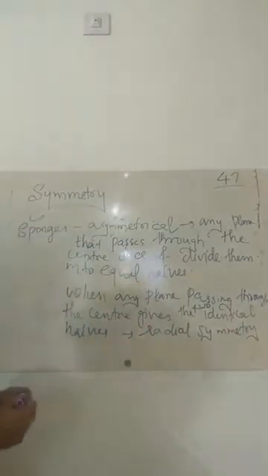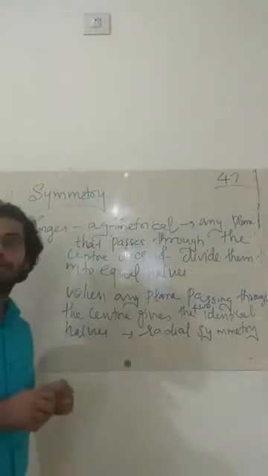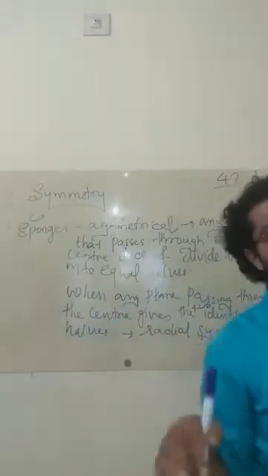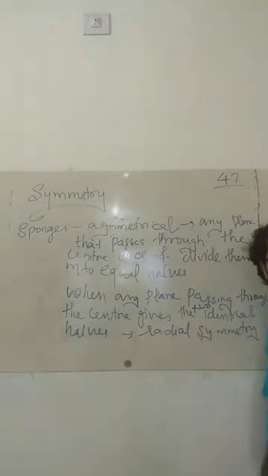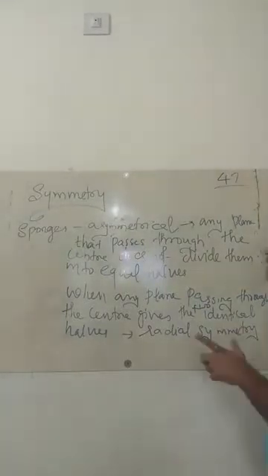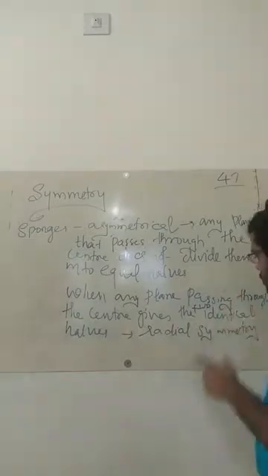So we have talked about asymmetrical and radial symmetry. Animals can be categorized on the basis of symmetry, and sponges show asymmetry, which means any plane that passes through the center does not divide them into equal halves. When any plane passing through the central axis divides the organism into two identical halves, it is radial symmetry.